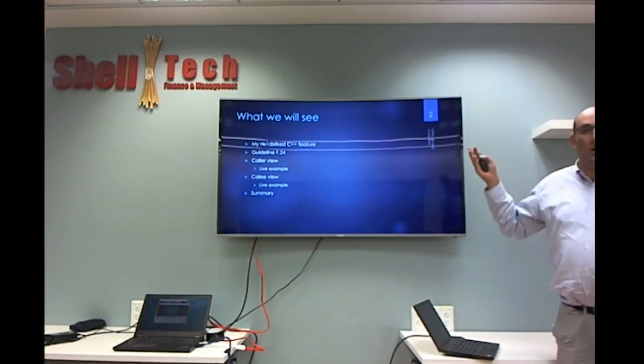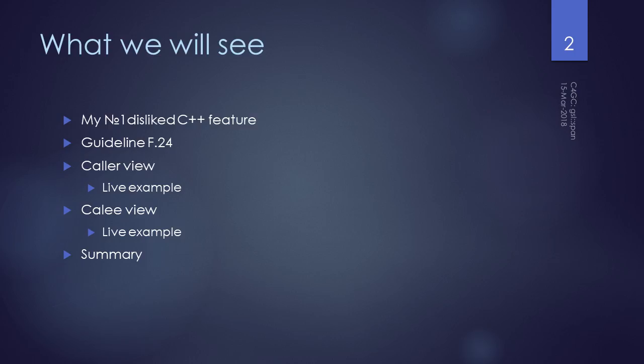So what we'll see today: first we'll start with the feature of C++ I dislike the most. Then we'll see guideline F24, whatever it means, from the caller's view and from the callee's view, with live examples and a summary.